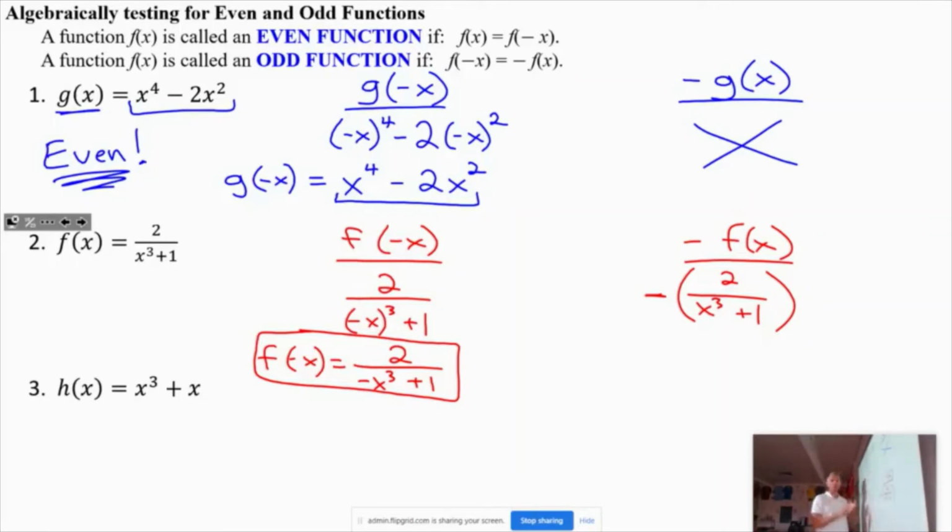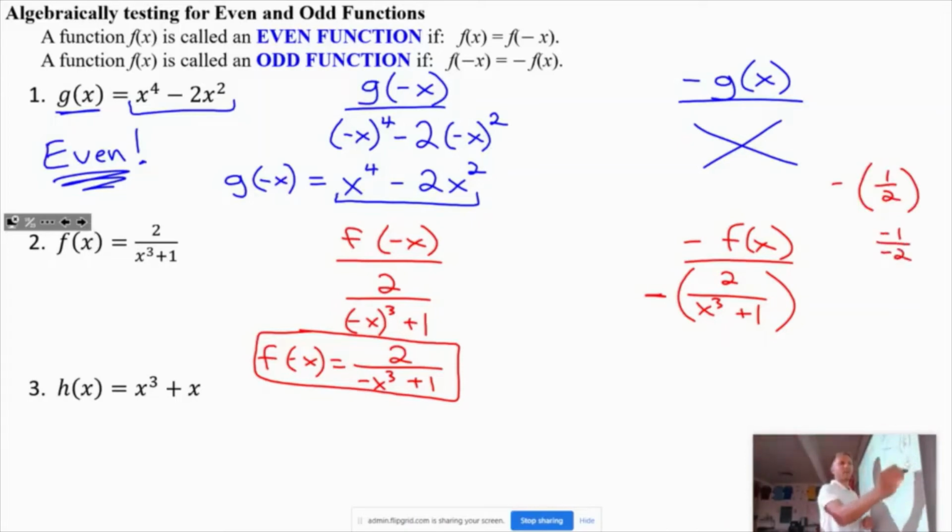Again, always requires 2 steps. Now you need to distribute it in. And here's where, especially in this problem, we have to get creative and we have to be thoughtful with what we're doing. When you have a negative on the outside of a fraction, you do not distribute it to the top and the bottom. Think about 1/2 with a negative out in front.